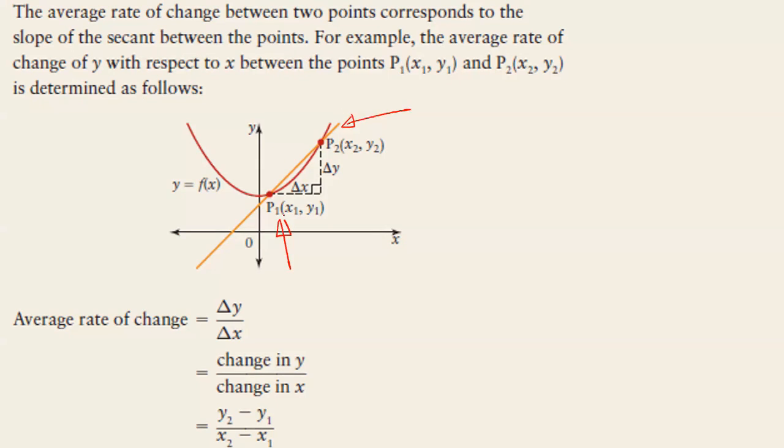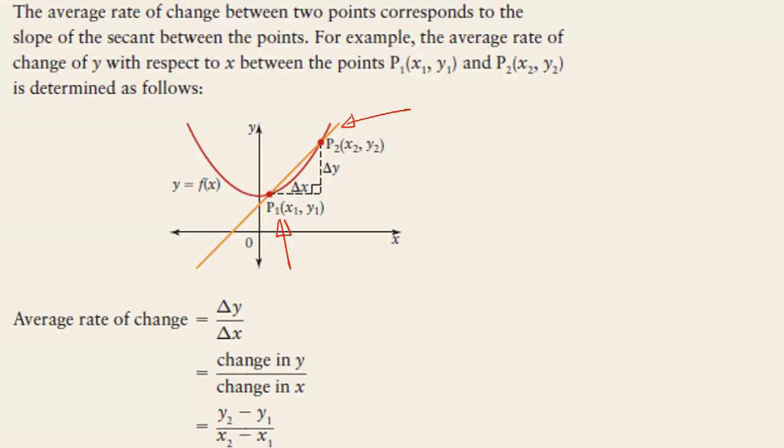First, let's suppose p1 has coordinates x1 and y1, and p2 has coordinates x2 and y2. Then the average rate of change is defined as delta y over delta x, which means the change in y over the change in x, which is (y2 minus y1) over (x2 minus x1).